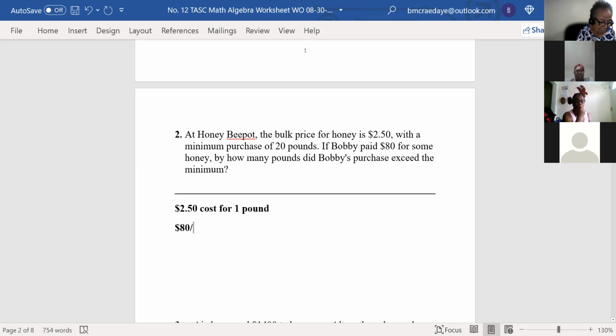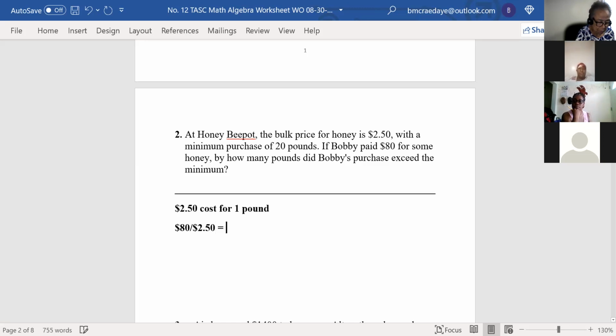I didn't do mine like that. I said how I get the $80 is 32 multiplied by $2.50. But you're not telling me where the 32 came from, Maureen. $80 divided by $2.50 gives you the number of pounds, 32.